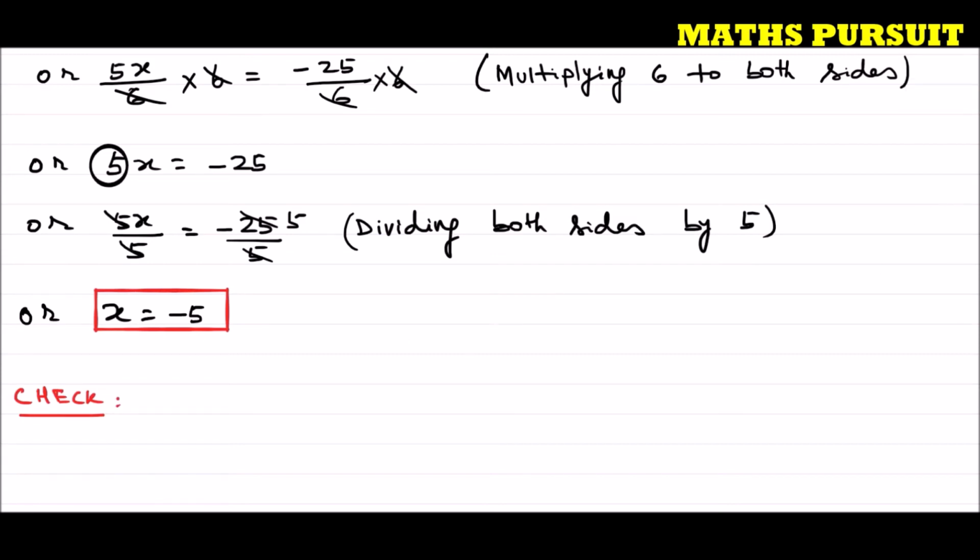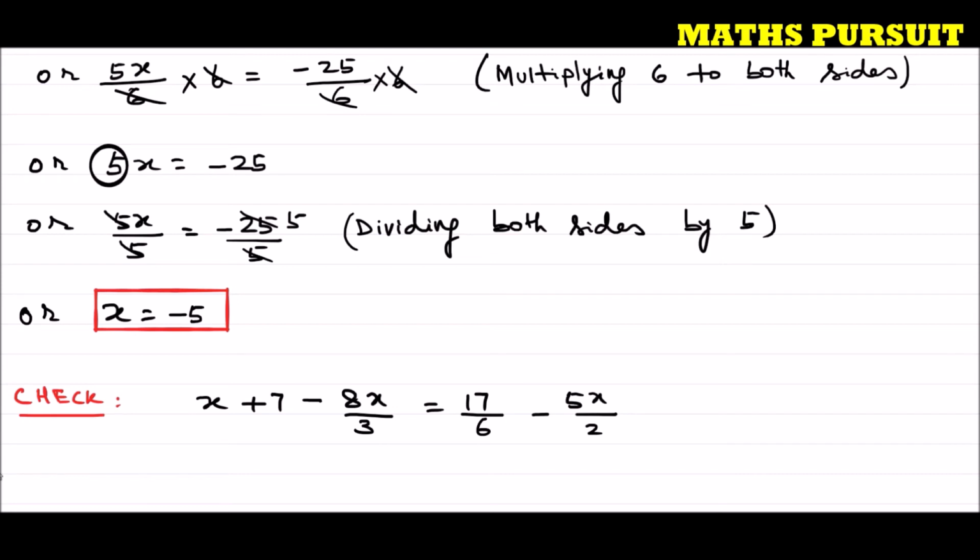In order to check our answer, let us rewrite the original equation that the question has given us, which is x plus 7 minus 8x upon 3 is equal to 17 upon 6 minus 5x upon 2. This is the original equation that the question has given us.